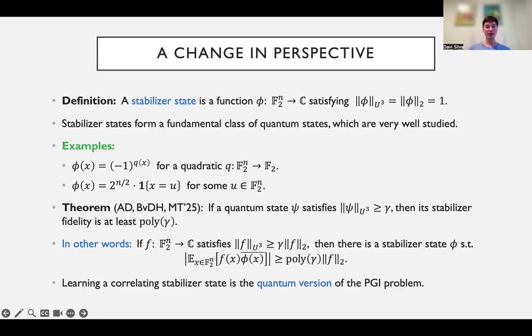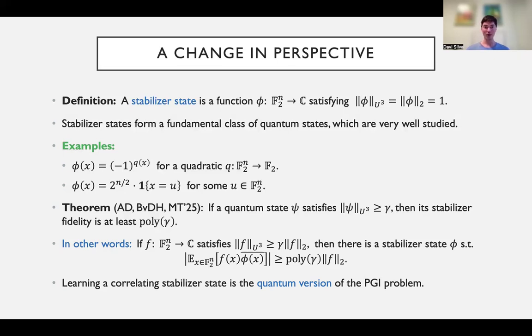And so we see that learning a correlating stabilizer state is the quantum version of the PGI, the polynomial Gowers inverse problem. Because in this polynomial Gowers inverse problem, we get a function f which is bounded in L infinity norm, and we want to get a global correlation with a quadratic phase function, which is an extremizer of the L infinity equals U3 norm.